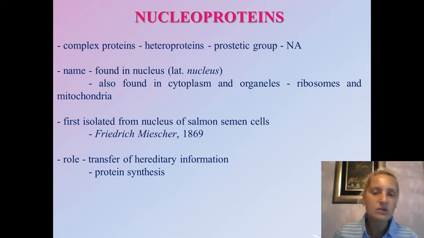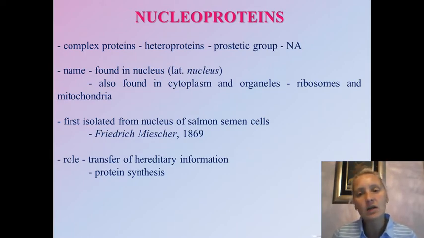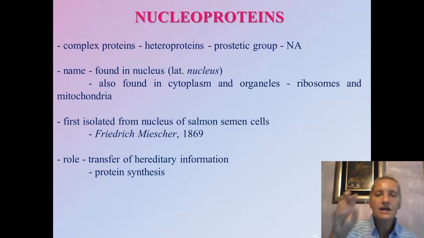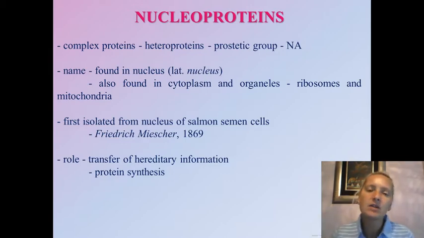So in ribosomes you can find some RNAs, and in mitochondria you can find some additional DNA molecules. Their name originates from the point where they were found first and discovered in the nucleus.